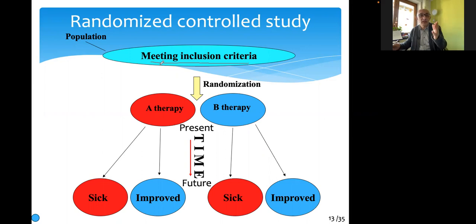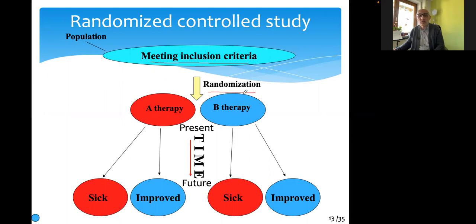Then you decide the systolic blood pressure must be above a certain threshold, 140 or 150, whatever your inclusion criteria. You decide they must be adults, male, female, etc. After deciding your inclusion criteria, you examine and find your participants. Let's say you have 100 participants potentially fitting this study design.